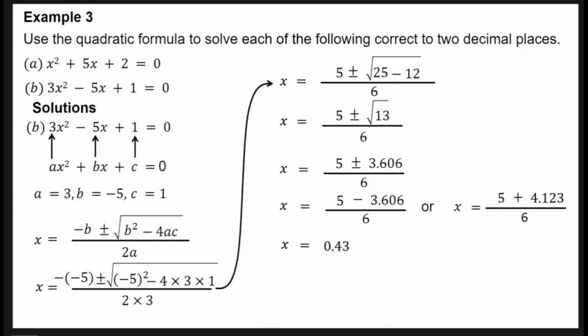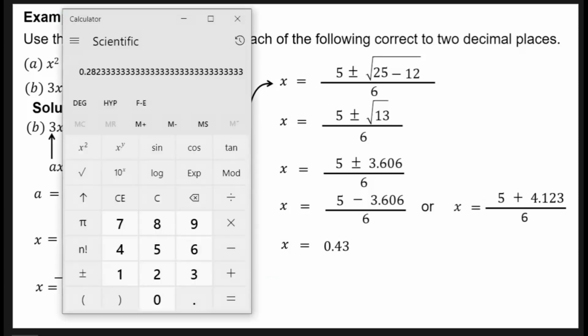Let me check. How again did I go wrong here? So 5 minus 3.606 equals that one divided by 6. So what's this?